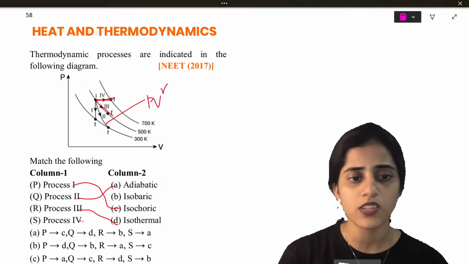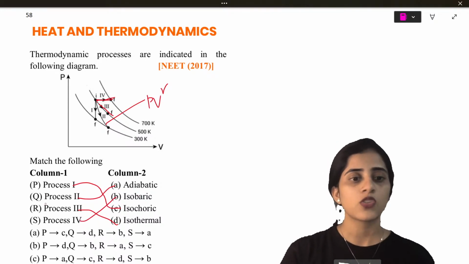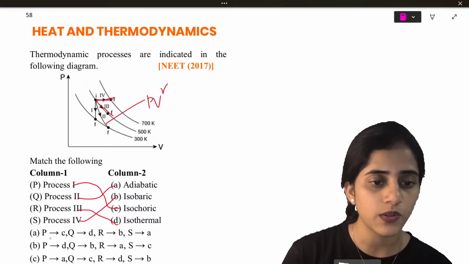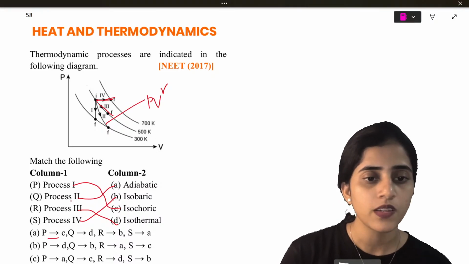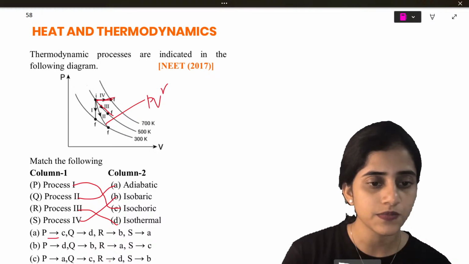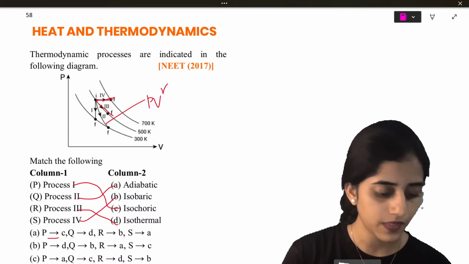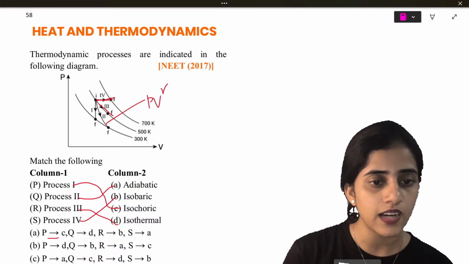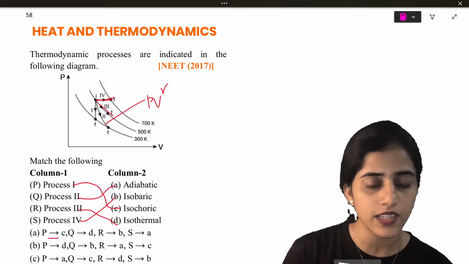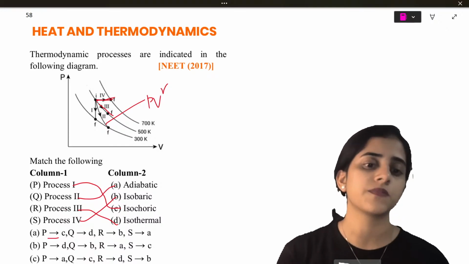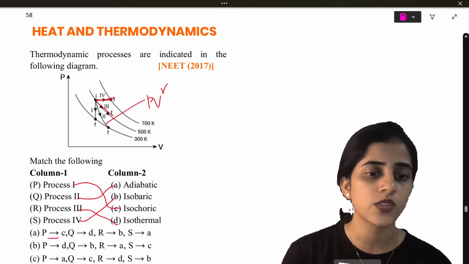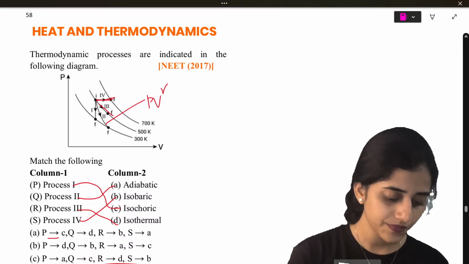And process 4 is obviously isobaric. So P-C, Q-A, R-D, S-B. Okay, so it is option D.